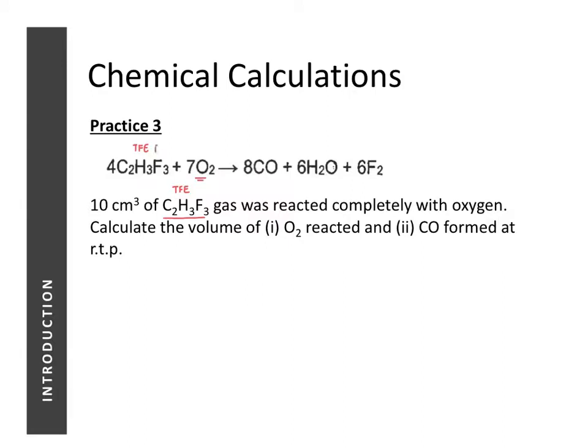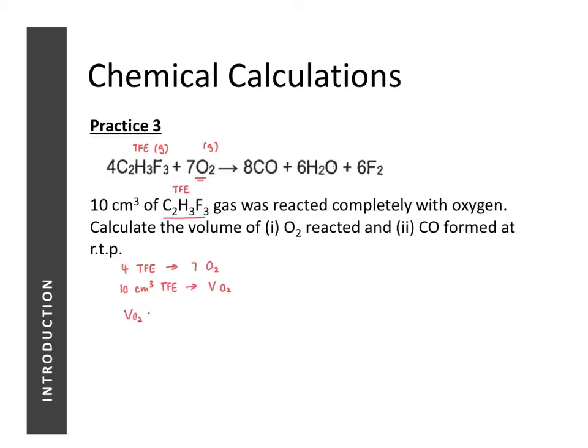Now TFE is a gas, O2 is a gas, so we can apply Avogadro's relation here, where mole ratio equals volume ratio. So 4 moles of TFE will react with 7 moles of O2. If I have 10 centimeter cube of TFE, what is the volume of O2 that will be reacted?